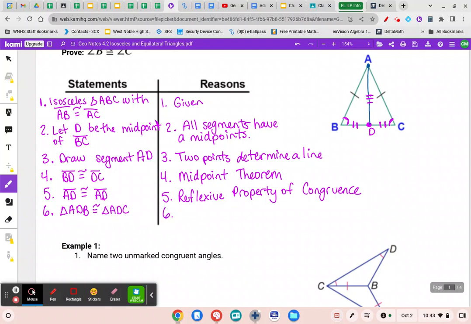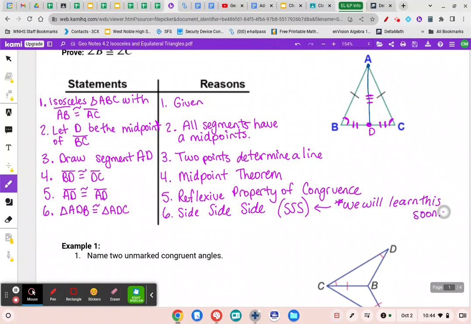And this is by something called side, side, side. Now, like I said, we have not learned this yet. We will abbreviate it SSS. We will learn this soon.